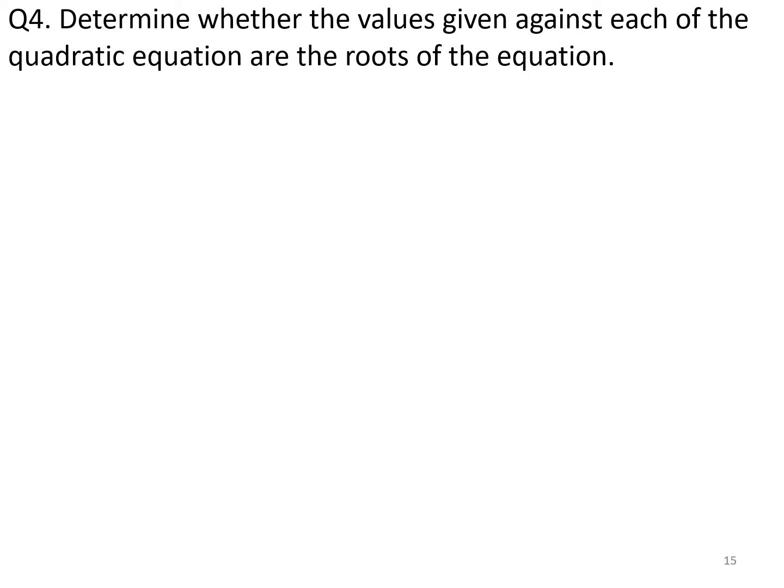Question 4. Determine whether the values given against each of the quadratic equation are the roots of the equation. First question, 2m square minus 5m is equal to 0. Now they have given two values, m has to be substituted as 2 and 5 upon 2.